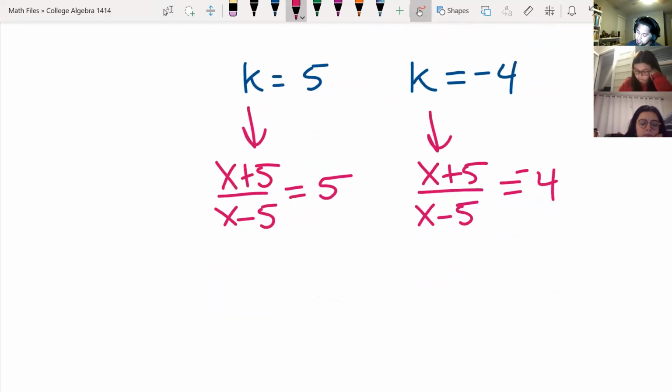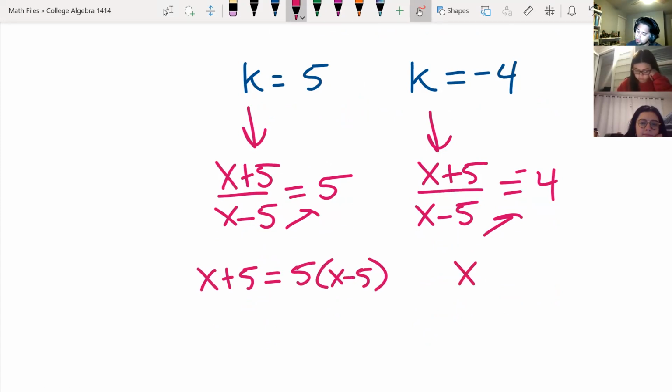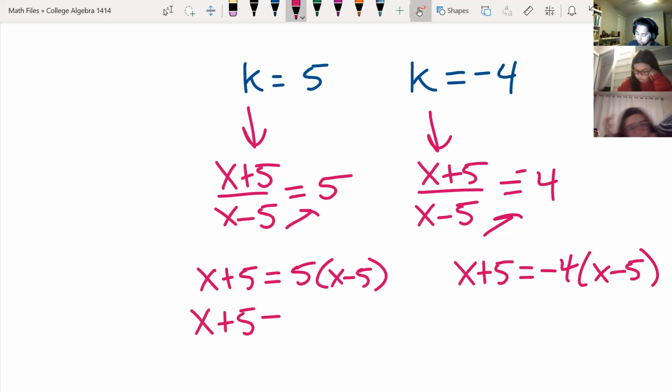Yeah, there you go, -4. Good. Then you multiply those denominators to the right side. So x plus 5 equals 5 times x minus 5, and x plus 5 equals -4 times x minus 5.